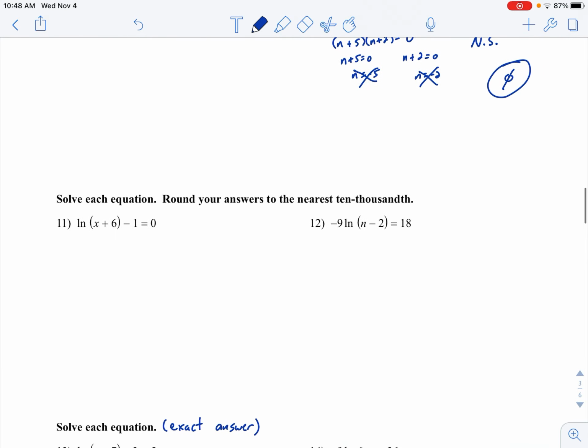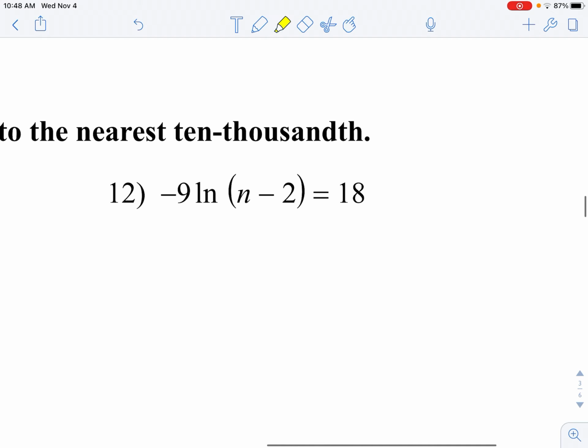Number 12, also a logarithm equation, but we do not have ln on both sides to cancel out. So we're going to have to solve this by some other means. Namely, we're going to isolate the variable by canceling out the 9, cancel out the ln, cancel out the negative 2. So what are the steps? Well, this is negative 9 times ln.